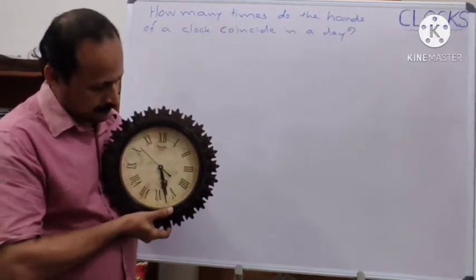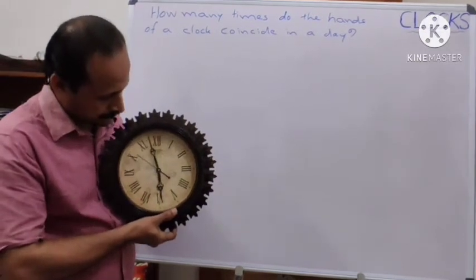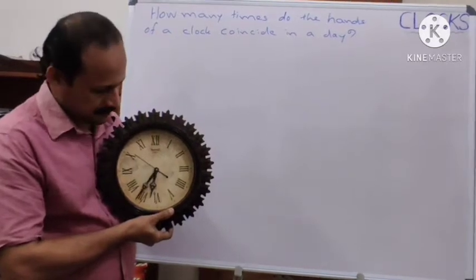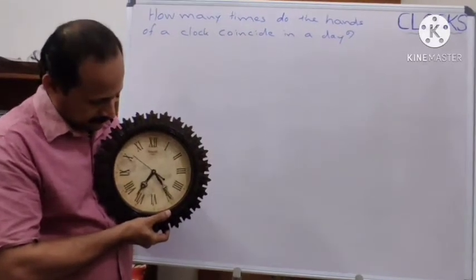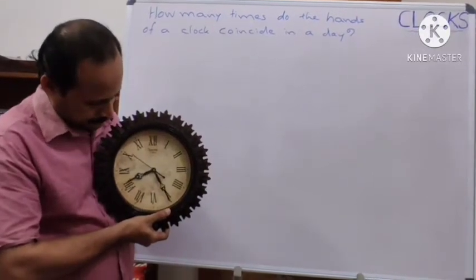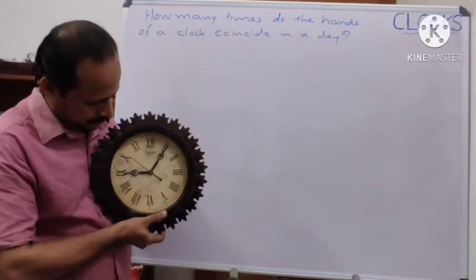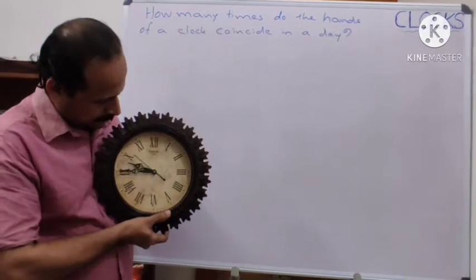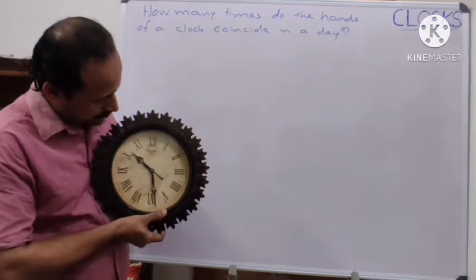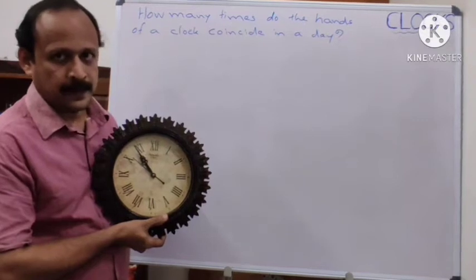After 5 o'clock, that is the sixth case. After 6 o'clock, seventh case. After 7 o'clock, that is the eighth case. After 8 o'clock, that is the ninth case. After 9 o'clock, that is the 10th case. After 10 o'clock, that is the 11th case.